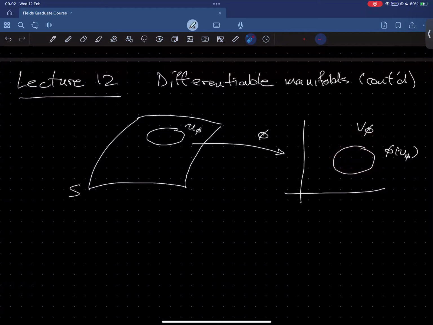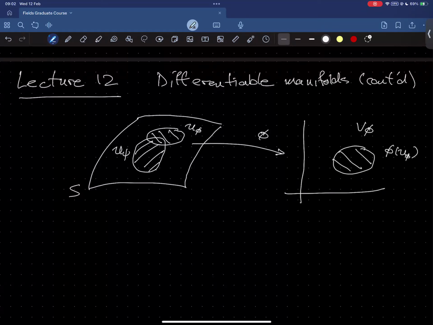So the interesting things start to happen when you start talking about multiple charts. So let me hatch this as I did last time. If I have another chart, it had a domain, U psi, let's say. Let me hatch this one like this.